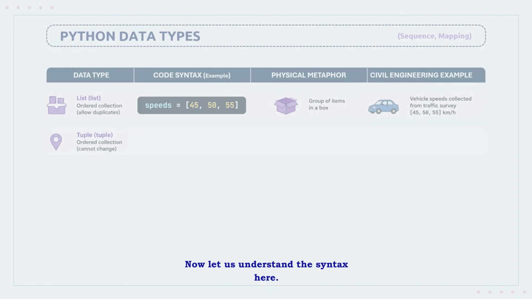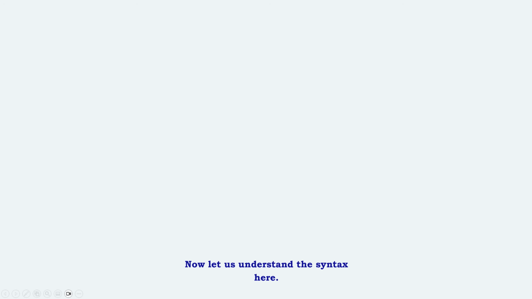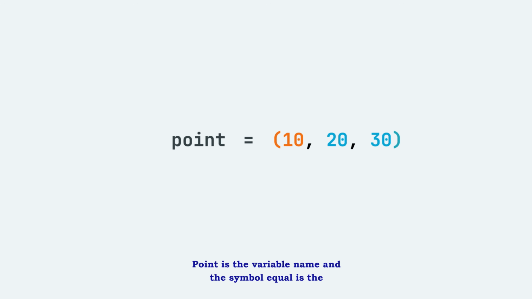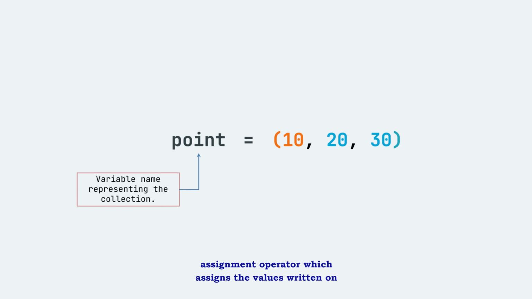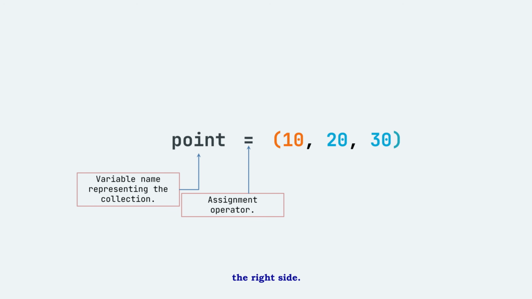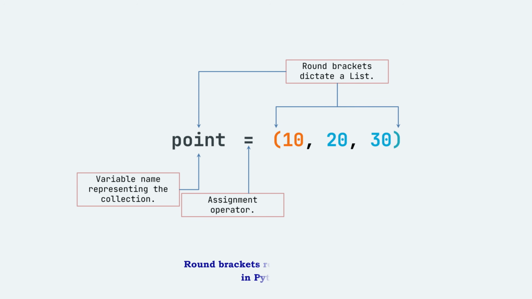Now let us understand the syntax. Here, point is the variable name and the symbol equal is the assignment operator, which assigns the values written on the right side. Now notice the round brackets. Round brackets represent a tuple in Python.